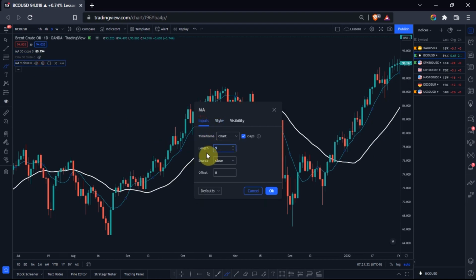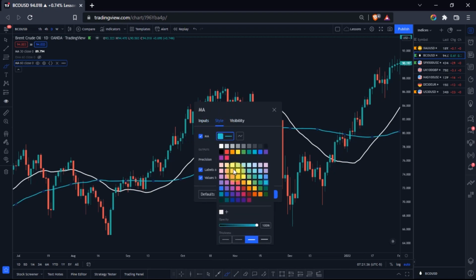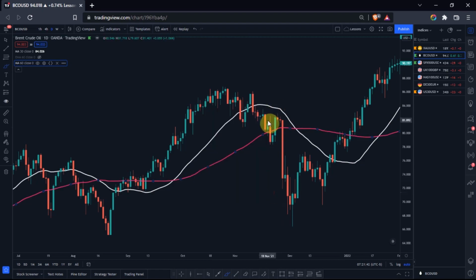Let's make this one 60 and increase our weight so that we can see it clearly. We have the pink one, which is a 60 period, meaning the period is bigger than the white one, which is a 30 period.